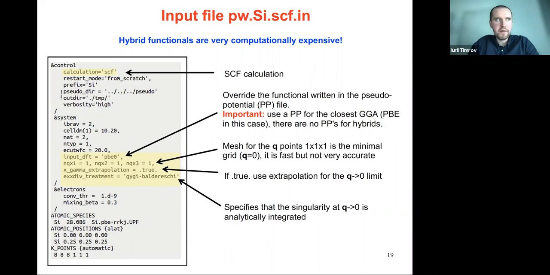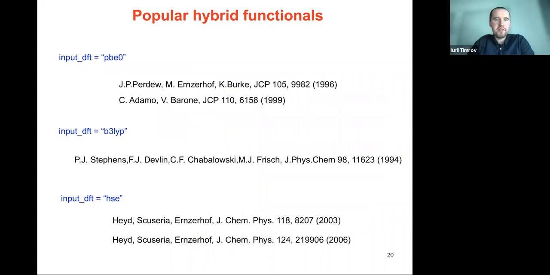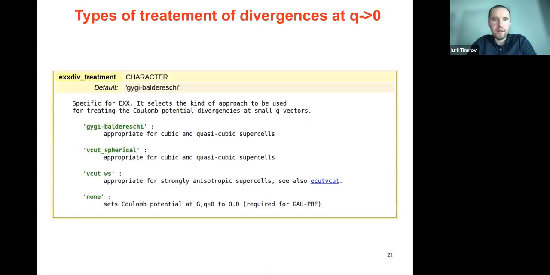But spherical cutoff and Wigner-Seitz cutoff are not supporting non-cubic systems, if I'm not wrong. This is just to remind that there are several types of hybrid functionals and different treatments of the divergence in the hybrid functional: Gygi-Baldereschi, spherical cutoff, and cutoff for anisotropic supercells.